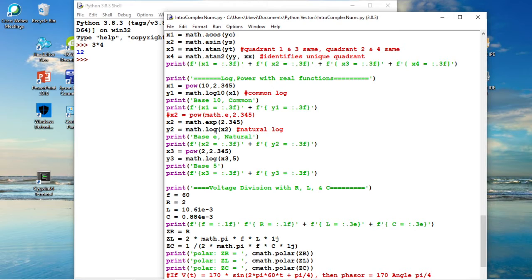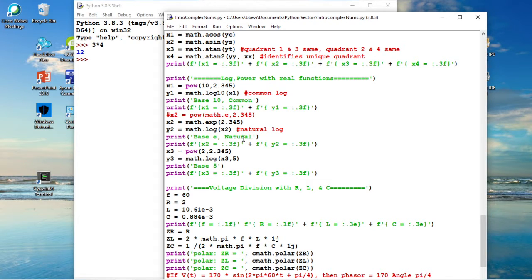Let me just say one thing. In higher level math courses, anytime you see log and you have to guess whether it's natural or common, go ahead and assume that it's a natural log. If you're in a basic undergraduate calculus course, then you'll probably see log for common and ln for natural.